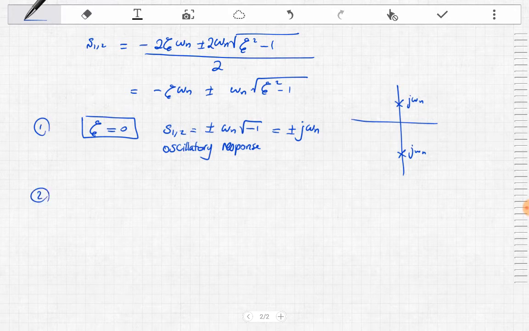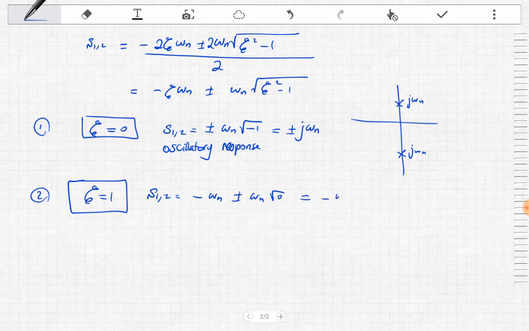Let's take now another case. Let's take eta equal 1. What will you get? Eta equal 1 gives minus omega n plus or minus omega n times the square root of 1 minus 1, which is 0, right? So you have minus omega n. It's real, and you have two roots because it's quadratic, second order.